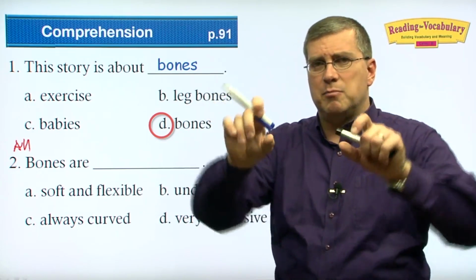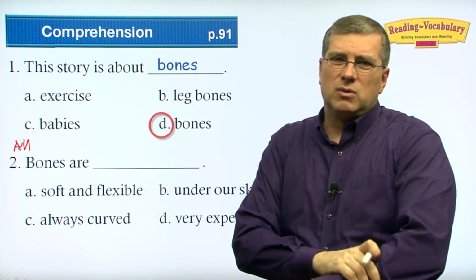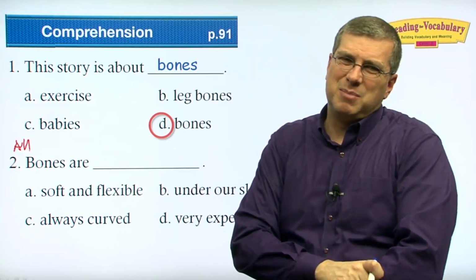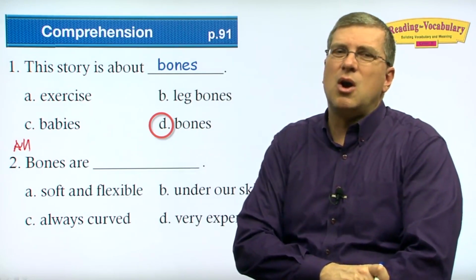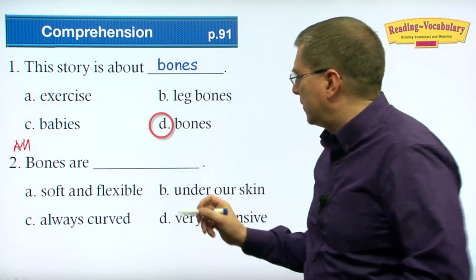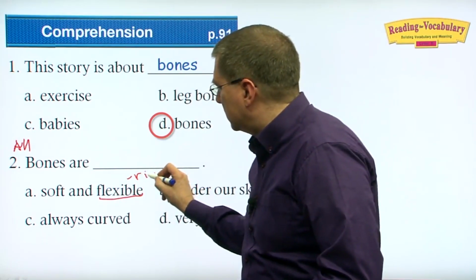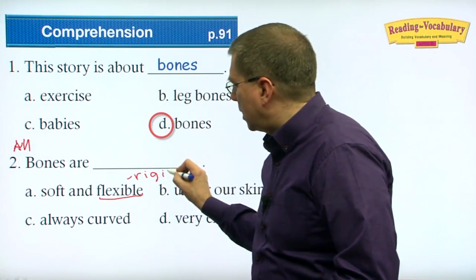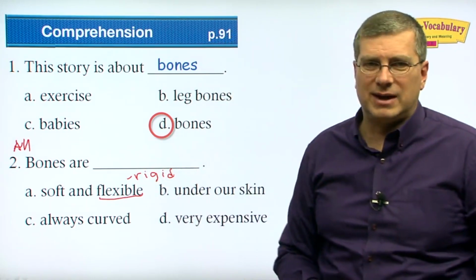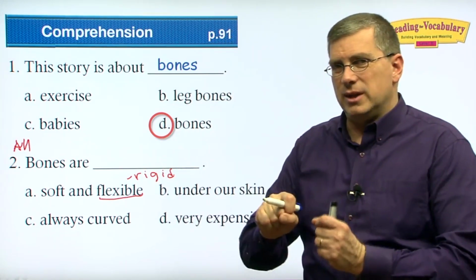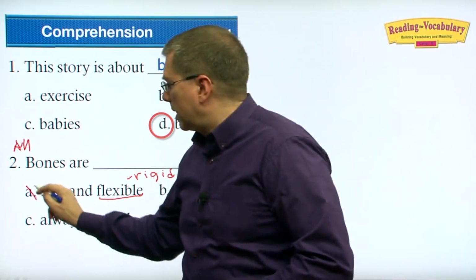Flexible means that they can bend. But bones don't usually bend. I mean, maybe they bend a little bit, but we don't call them flexible. The opposite of flexible, by the way, is rigid. It doesn't bend. And our bones are not really that flexible. They're more rigid. They don't bend. So A is not correct.